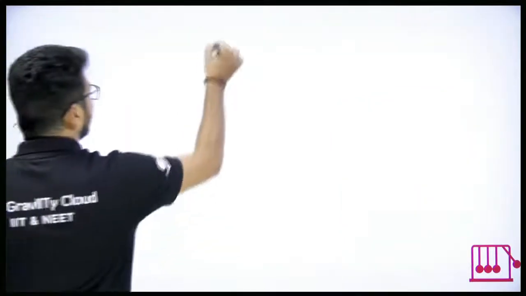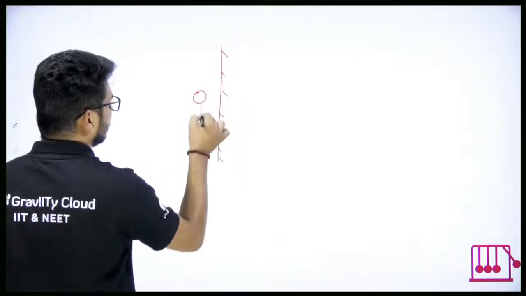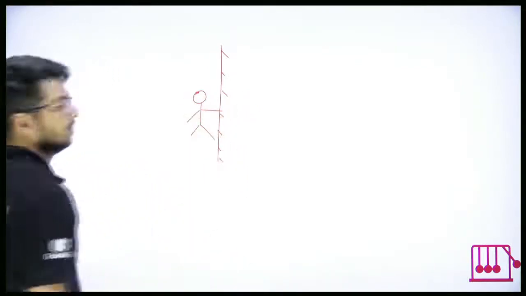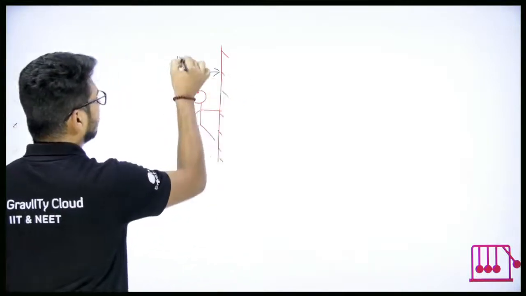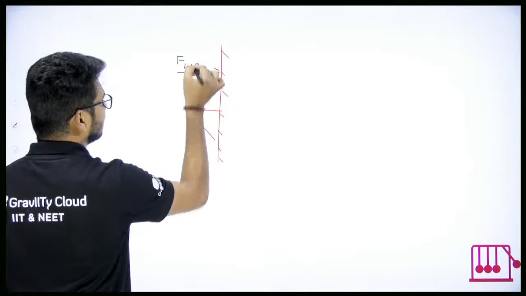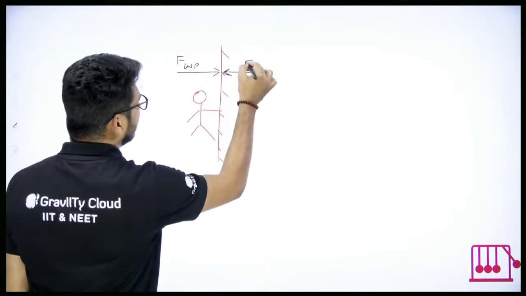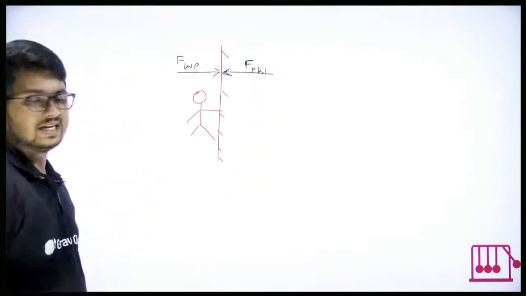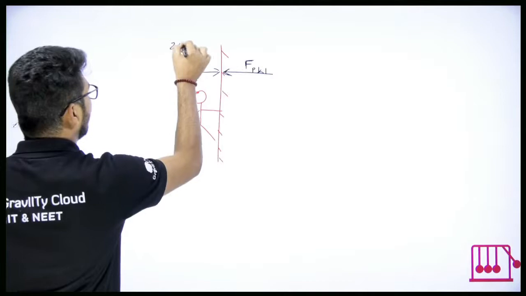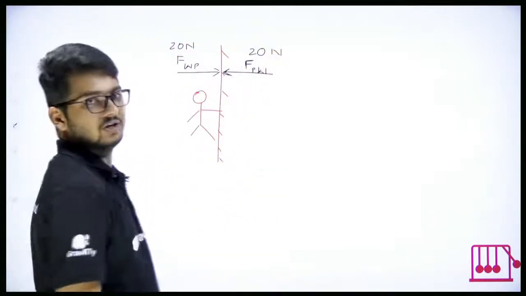That means if you have a wall and a person hitting it, then what are the forces acting? One force will be force on the wall by the person. And the other force, obviously the reaction, will be force on the person by the wall. They are opposite and they will be equal. So if one is equal to 20 Newton, the other one will also be 20 Newton.